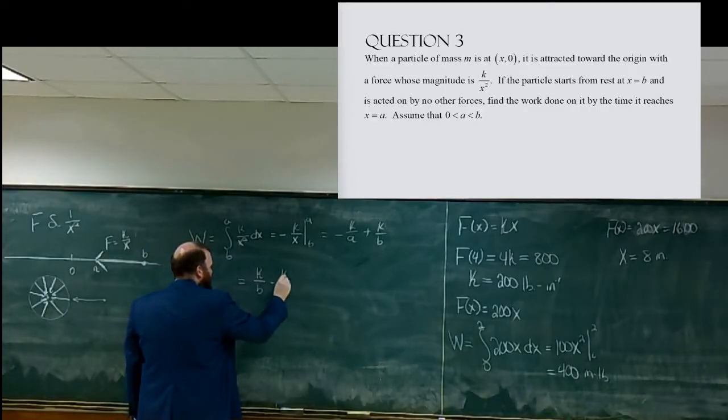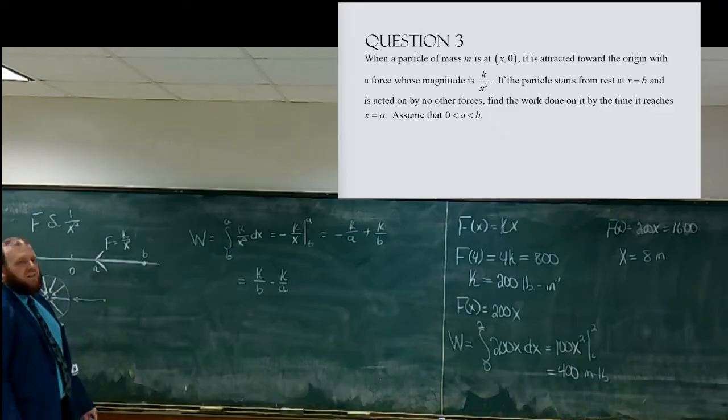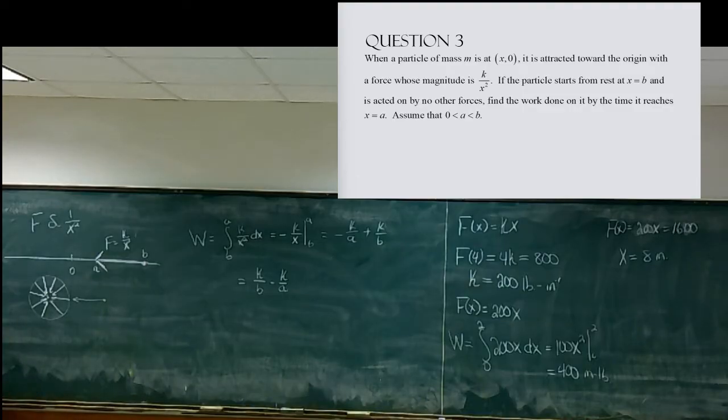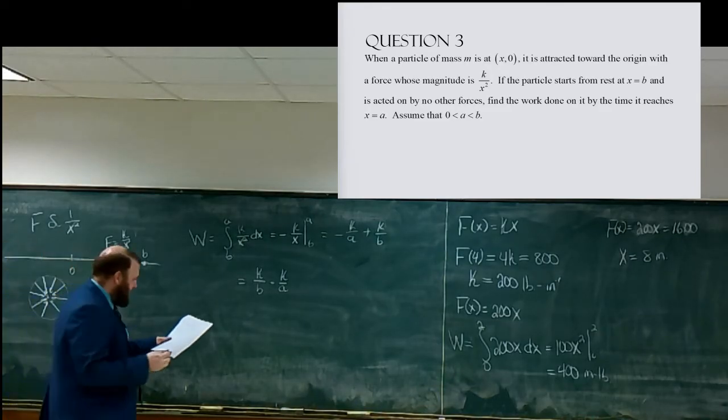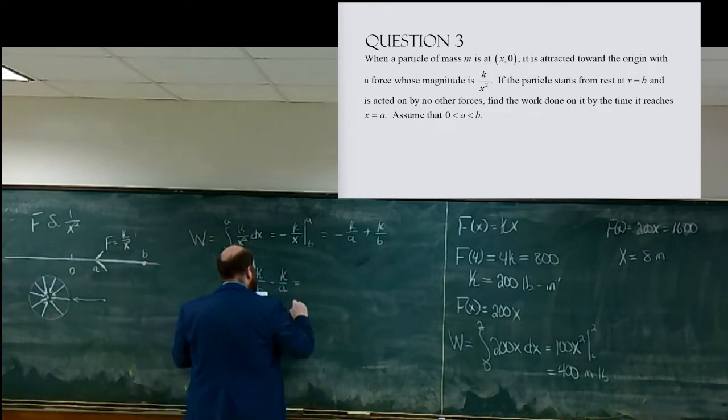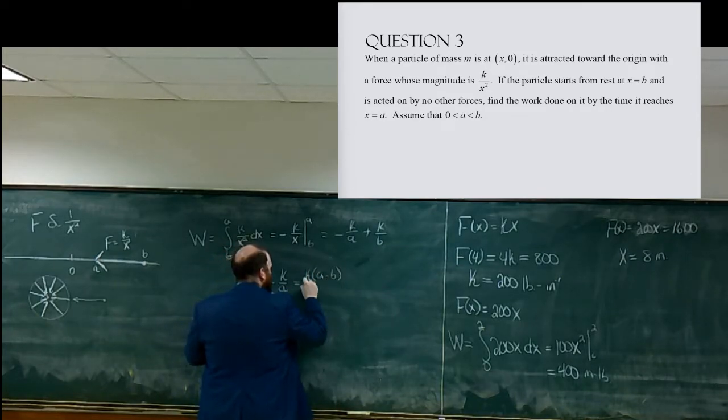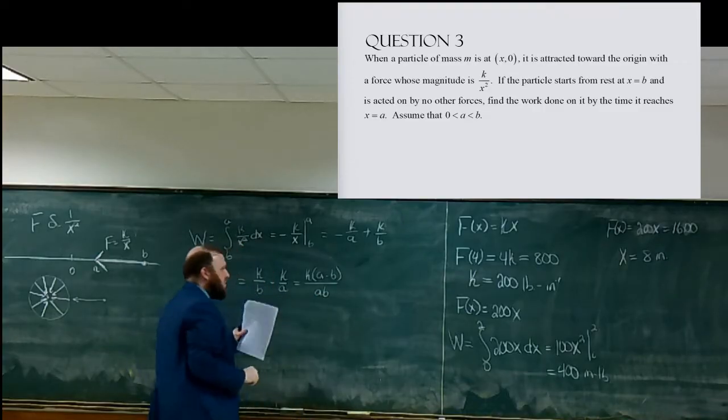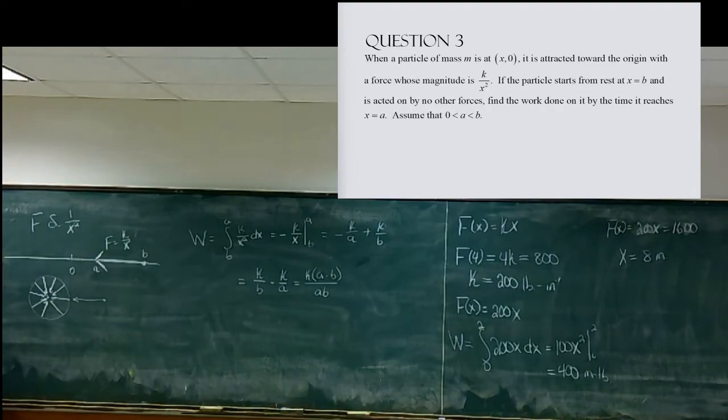We can flip the order: k over b minus k over a. Or write it as a single fraction, doesn't matter.